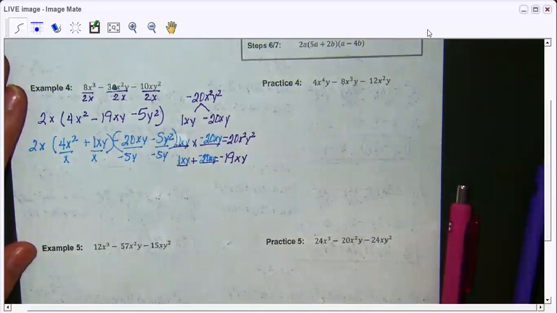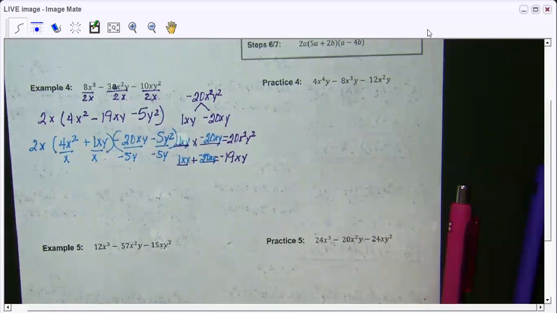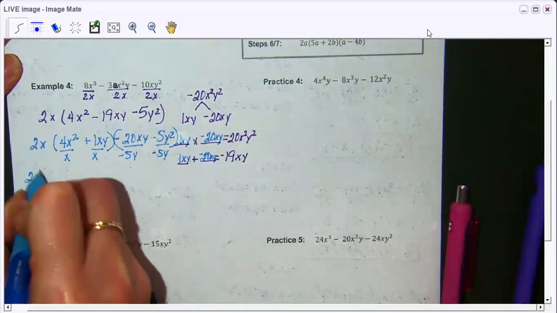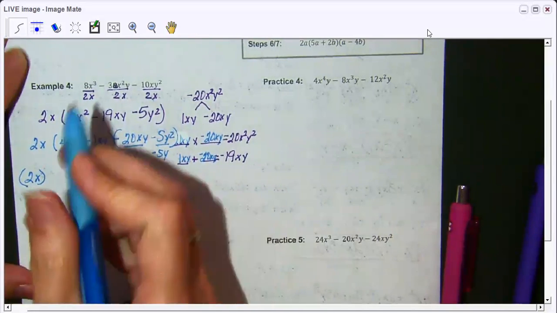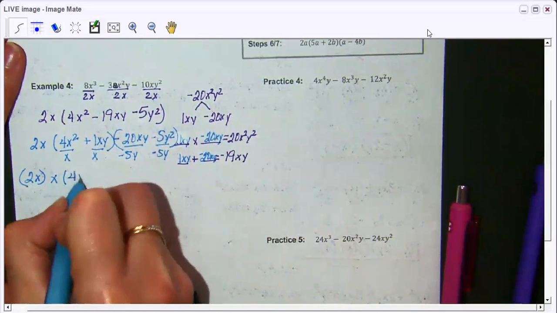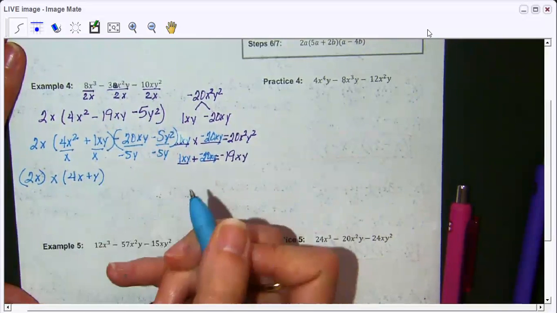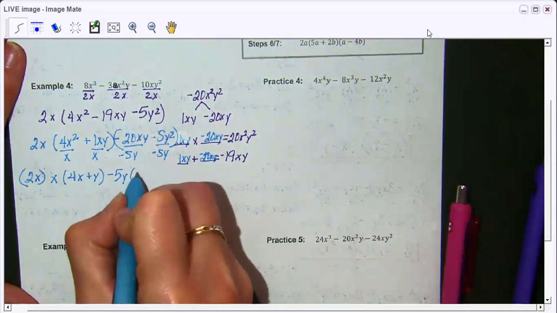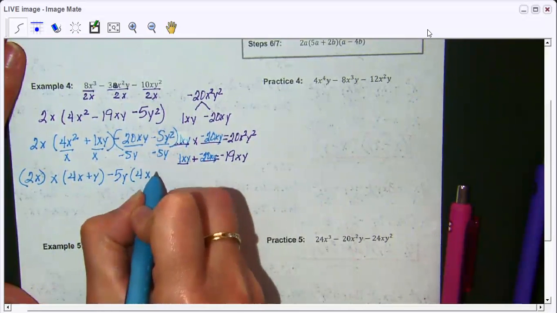The first term that we factored out, just put over here in parentheses, and now factor everything else out. So you have x times 4x plus y, and then you have negative 5y times 4x plus y.